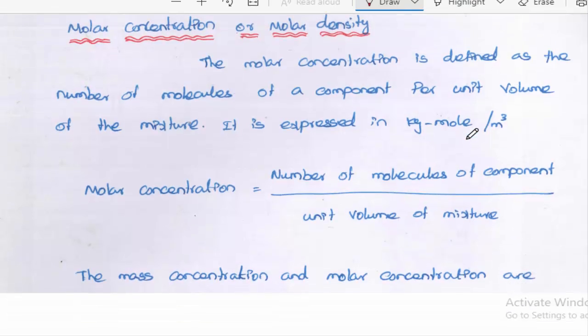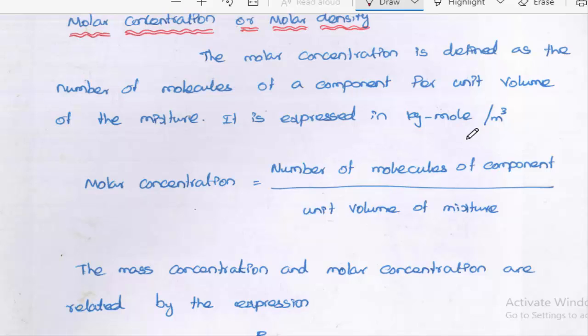Next thing is molar concentration or molar density, right? So molar concentration is defined as the number of molecules. In the last definition we saw the kilogram, that is the weight of the component. Here we are seeing the number of molecules per unit volume of the mixture, right?